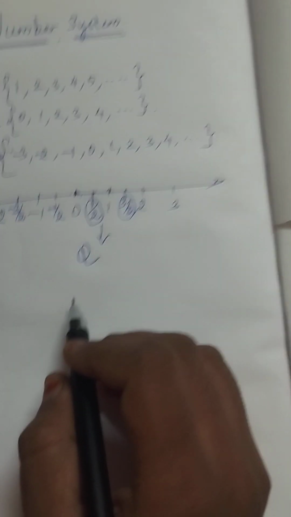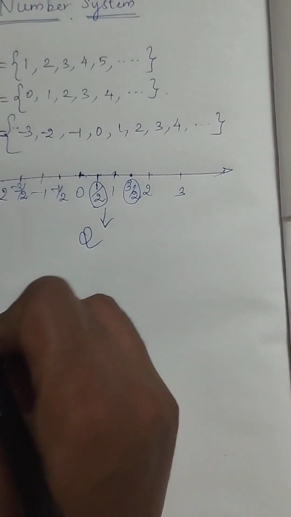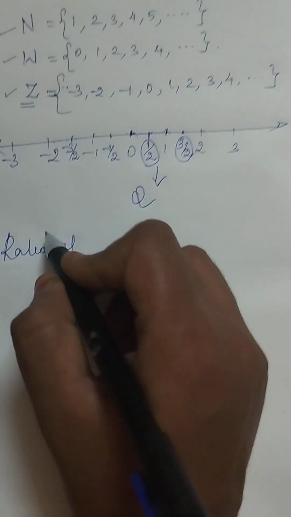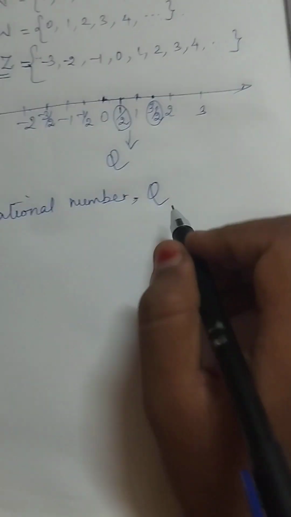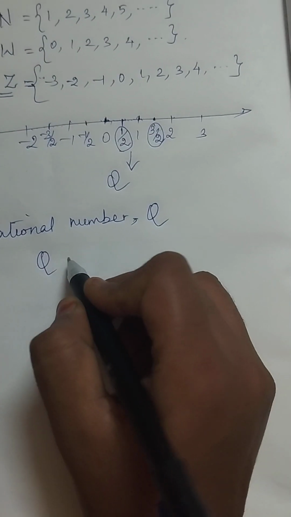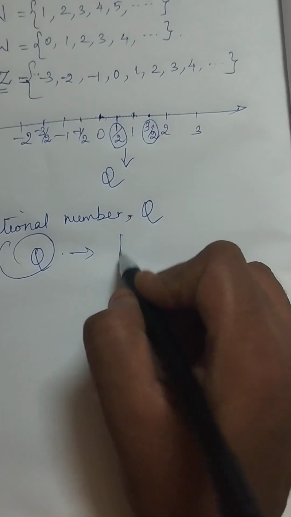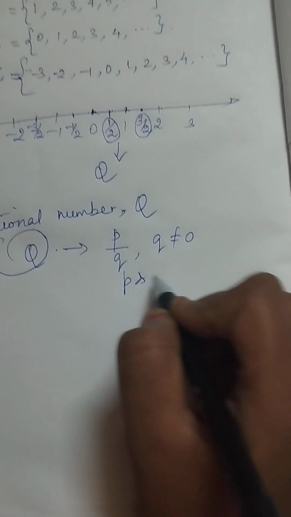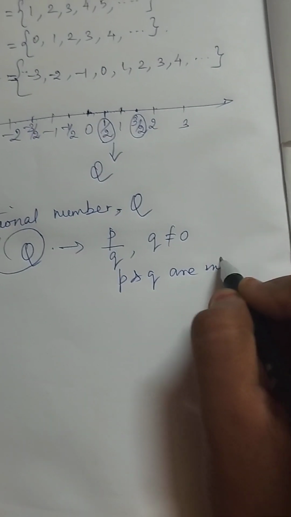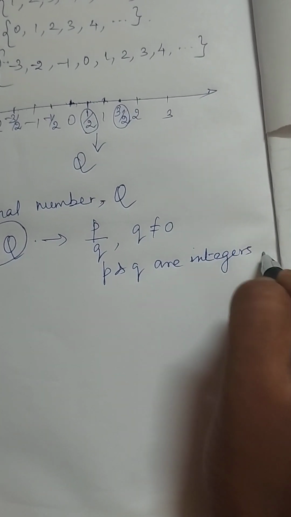So what is the rational number definition? A rational number is represented by Q. Generally a rational number is represented in the form of P by Q, where Q is not equal to 0 and P and Q are integers. This is the basic definition of a rational number.